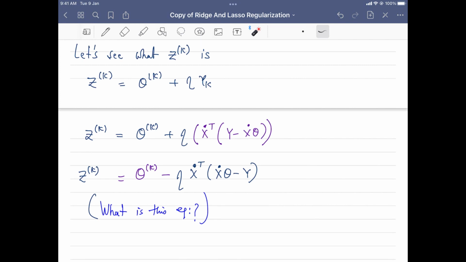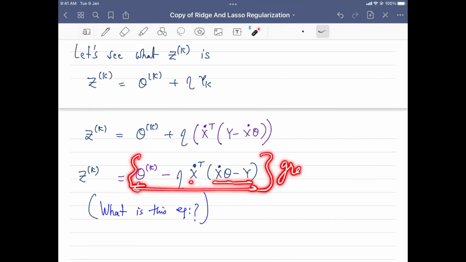Anyway, this is basically nothing but, if you remember, gradient descent. If you go to the original implementation of gradient descent, where we started out with the matrix versions, you have this original theta k and then you are doing a step size times x transpose (x theta minus y). So this is the original expression for gradient descent.